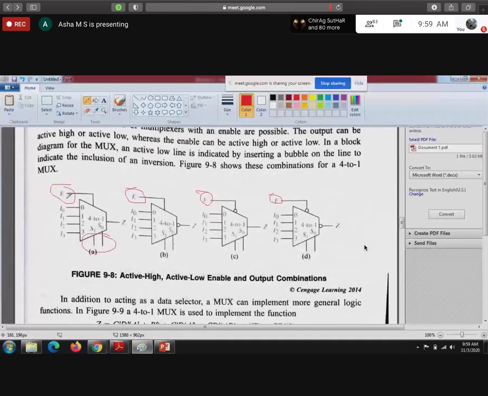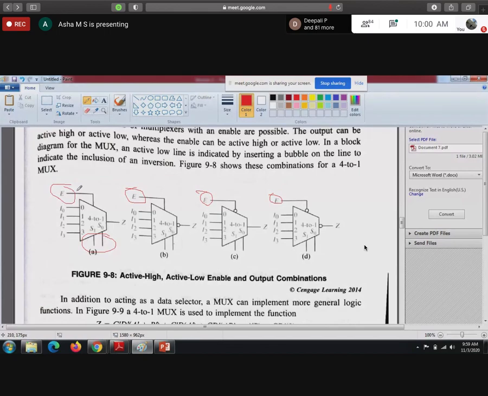So this is another type of multiplexer. The multiplexer which has the additional input called enable is another type of multiplexer. If we have this multiplexer, then how will it work?